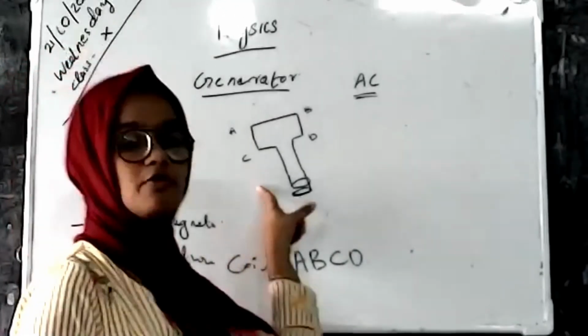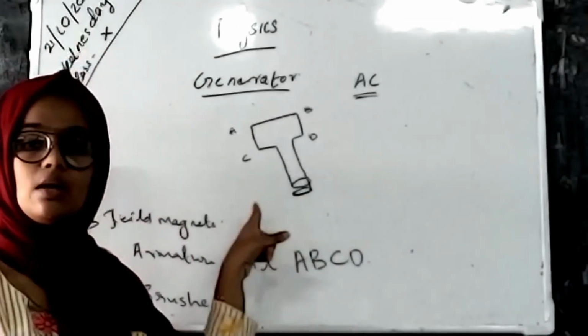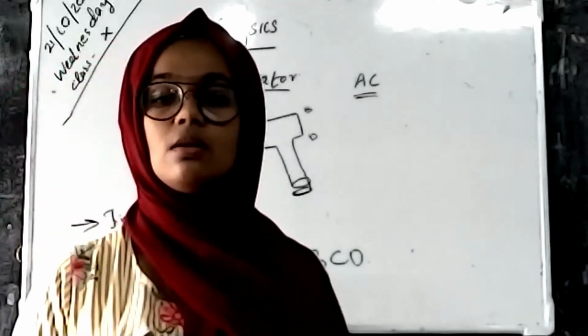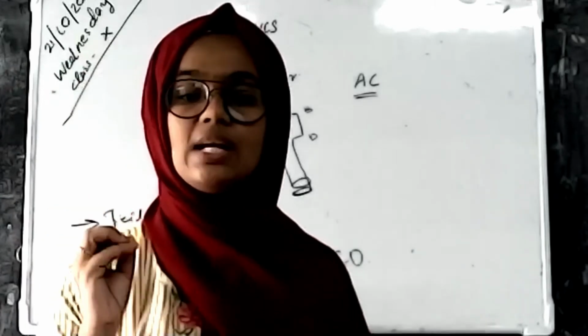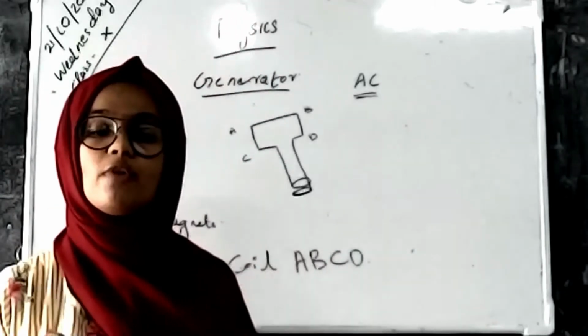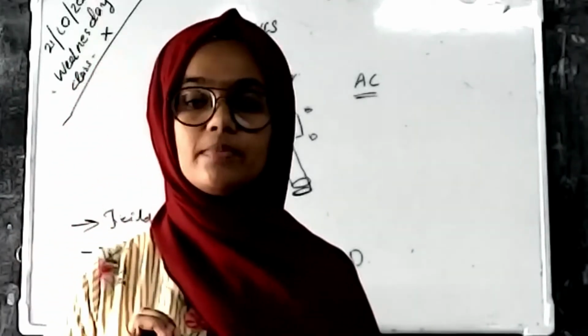The rotation of the armature coil produces electricity, and the produced electricity is in the form of alternating current.